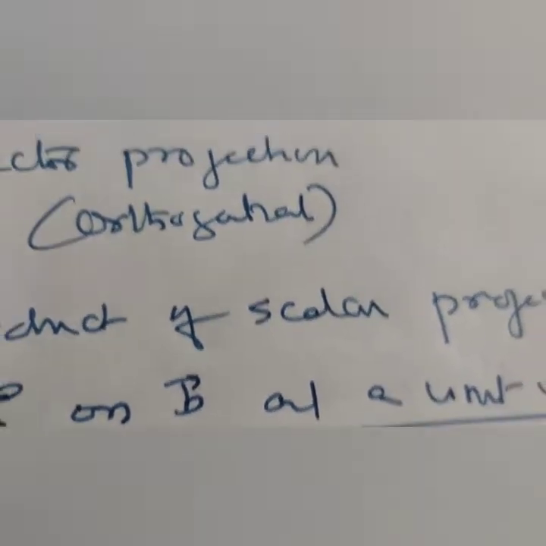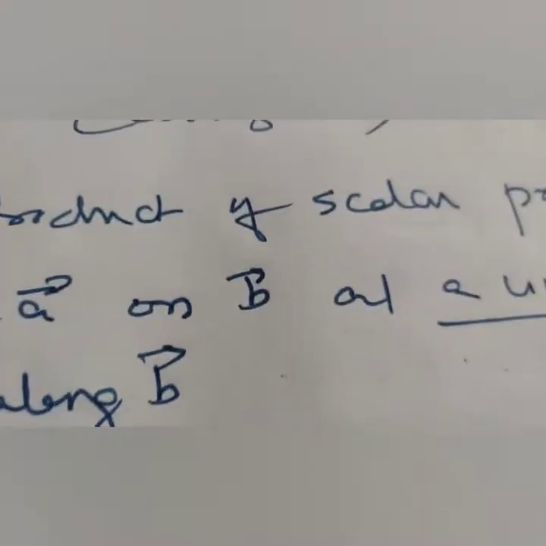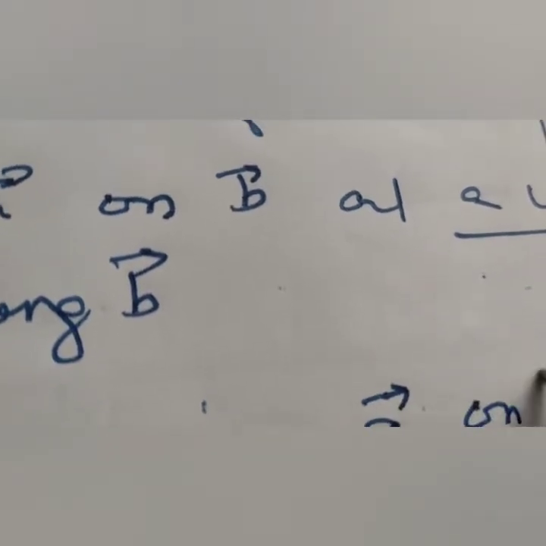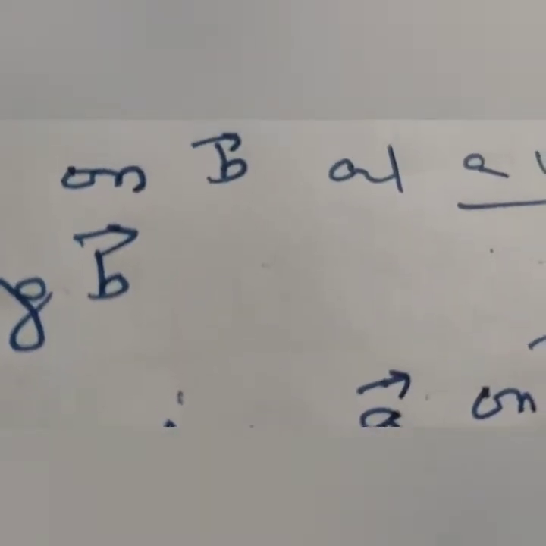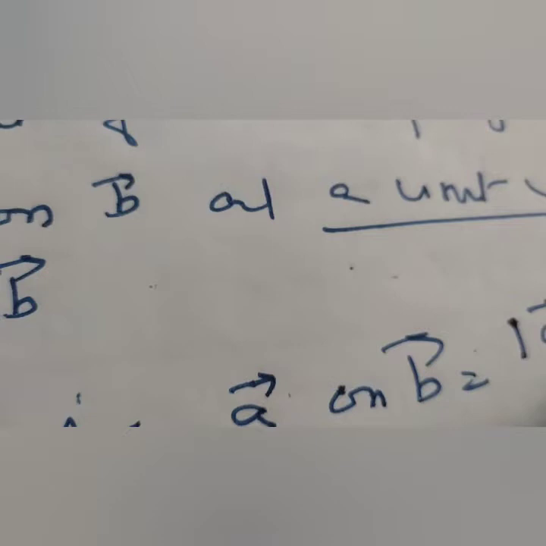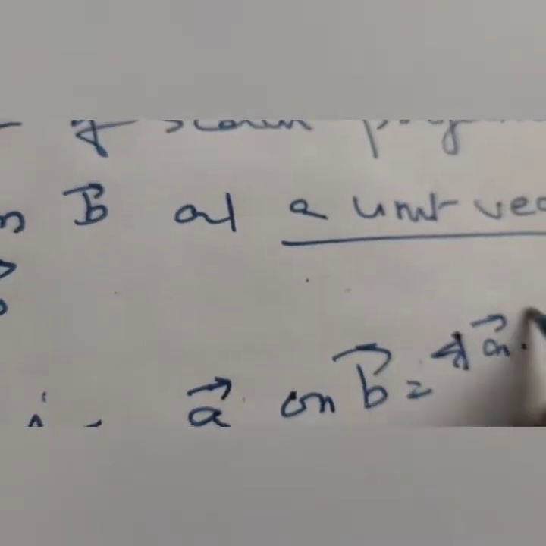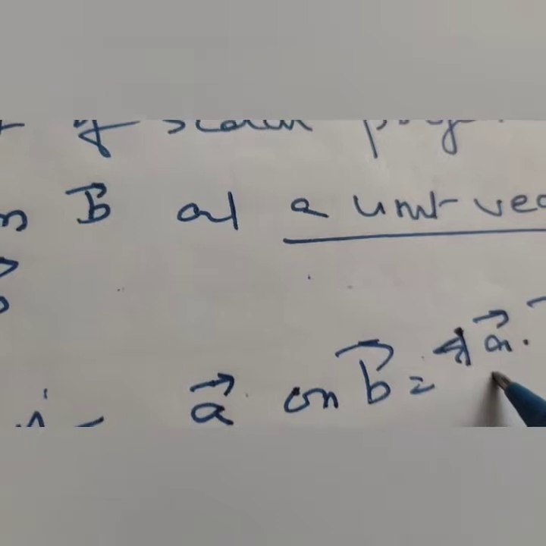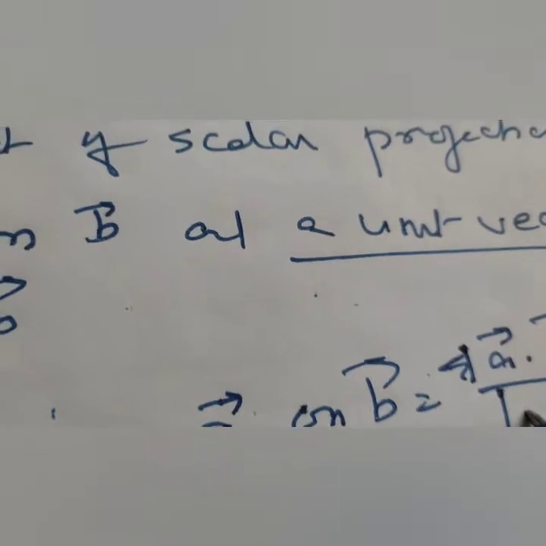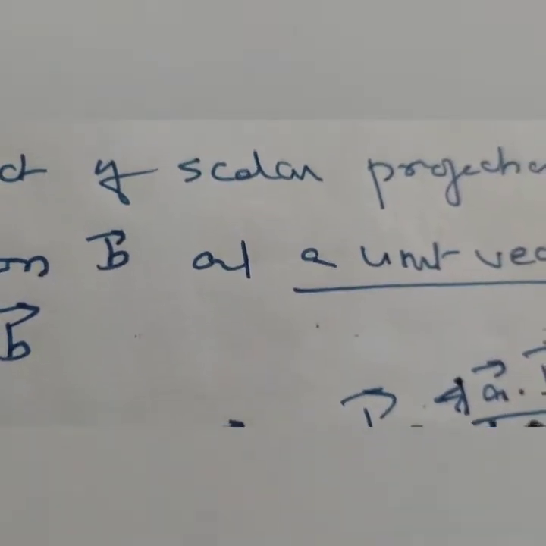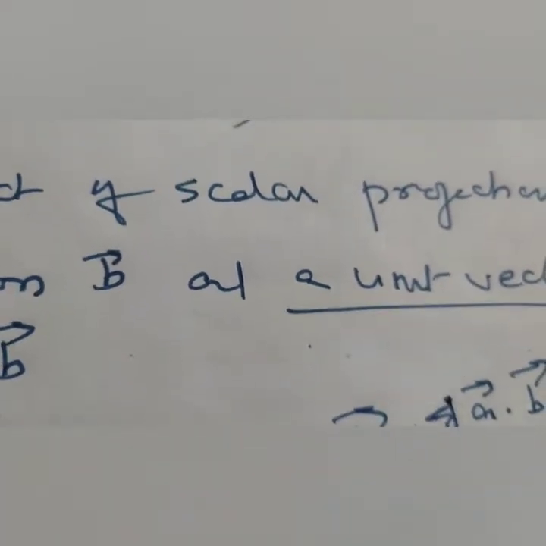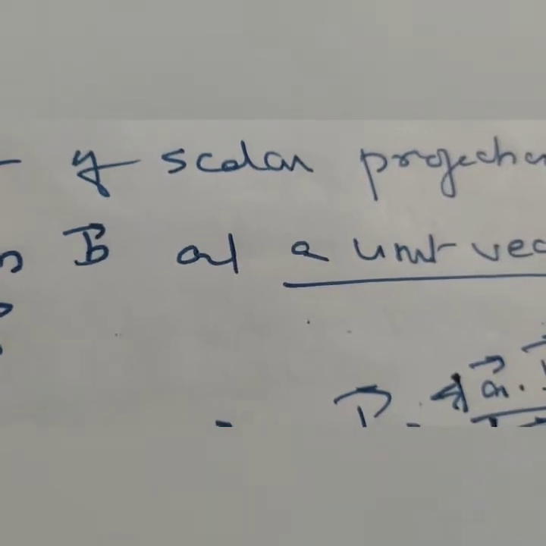So the projection of A on B equals, you can write, first the scalar projection, that is A dot B by modulus of B, and the unit vector along B. So into the unit vector B. Understand?